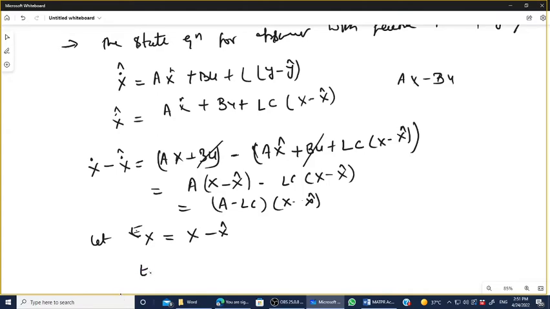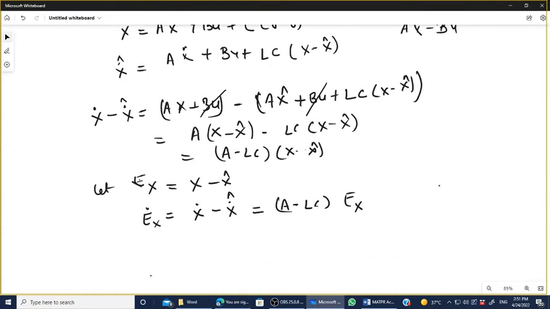When you calculate the derivative of this error, it is x dot minus x dot cap, which is equal to A minus LC into e x, and also y minus y cap equals C into e x, right?